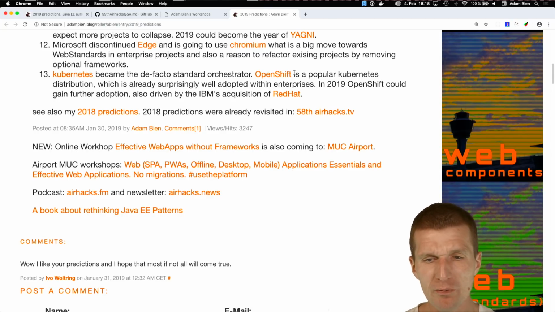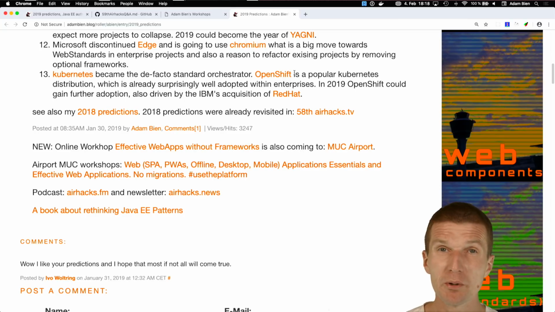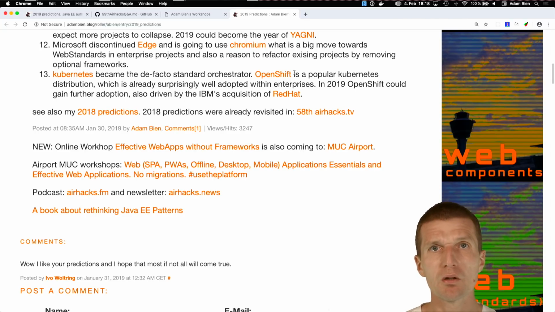And I think OpenShift can become even more popular. I use OpenShift a lot with Payara, WildFly, and OpenLiberty. It is a really great platform, a nice command line interface, and they also have a web app, and a nice wrapper around Kubernetes.